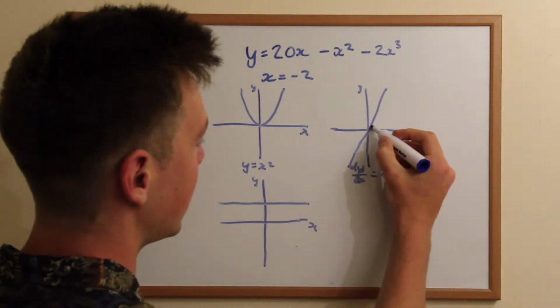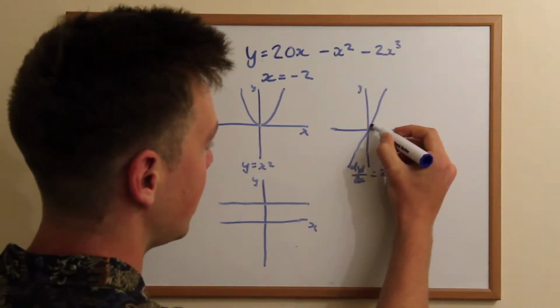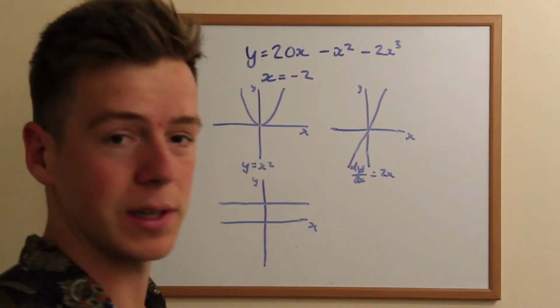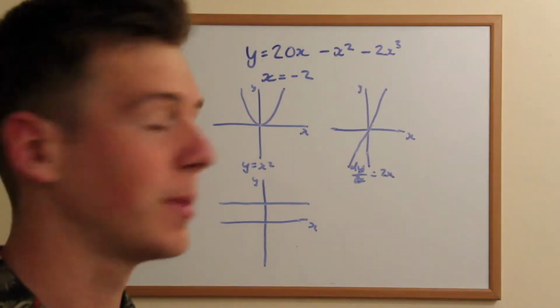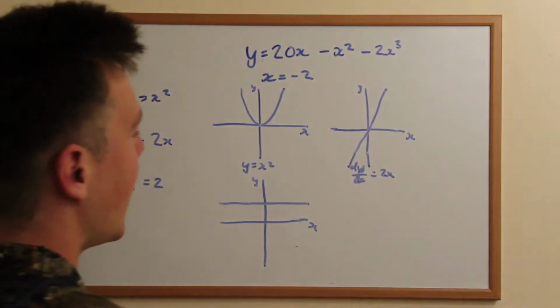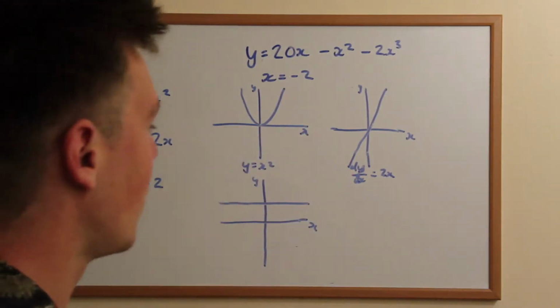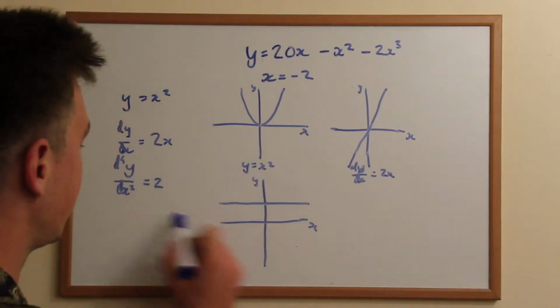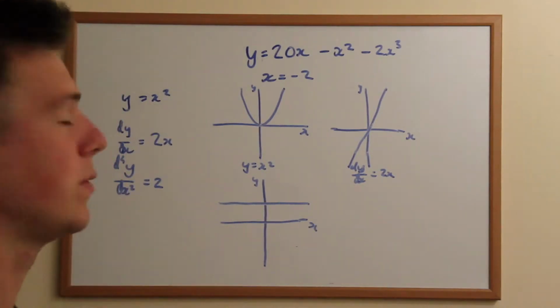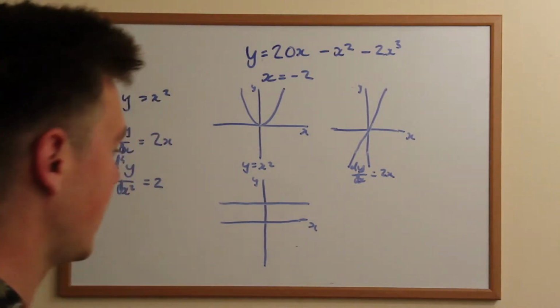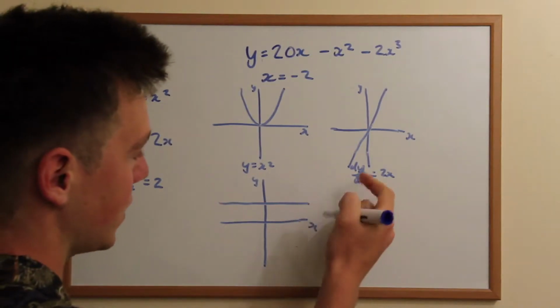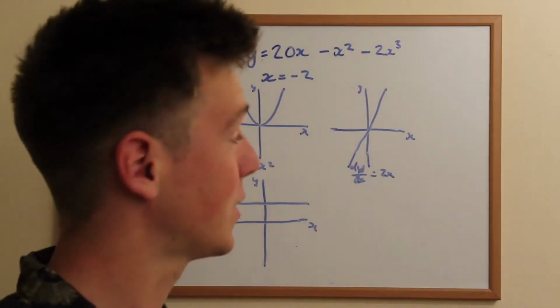So we can see that it starts off very small, but the gradient increases more and more rapidly. So this graph is showing the rate of change of y equals x squared, and the second order differential graph of d2y by dx squared shows the rate of change of the dy by dx graph.